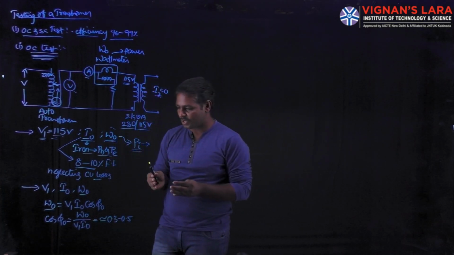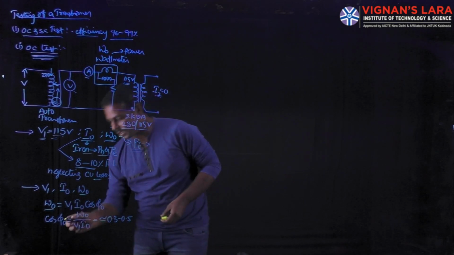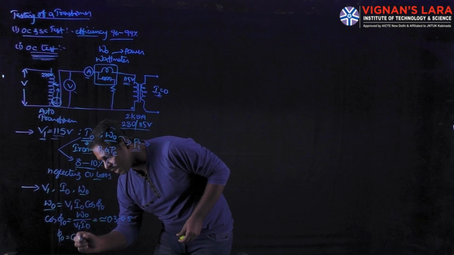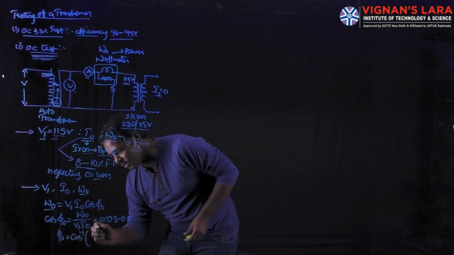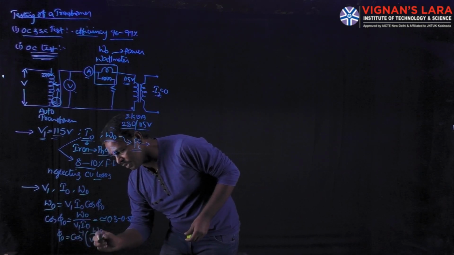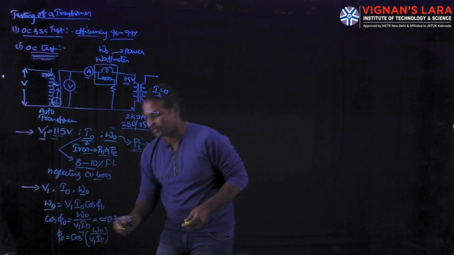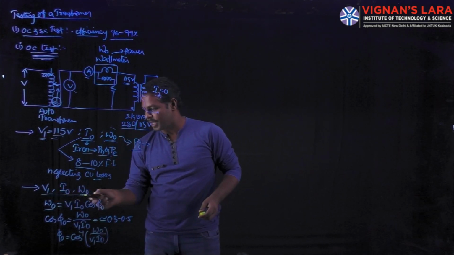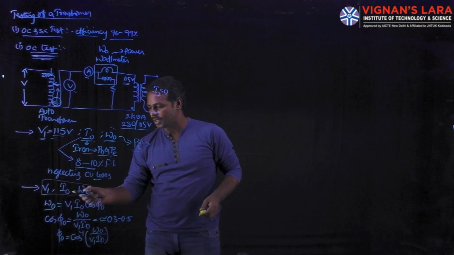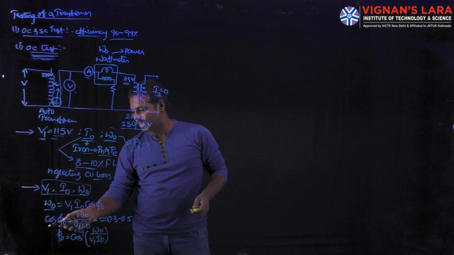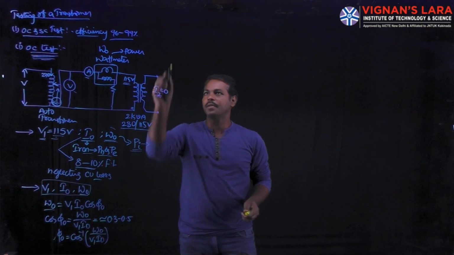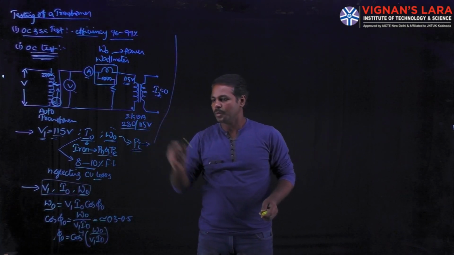So phi naught is equal to cos inverse of W naught divided by V1 into I naught. Based on these three values, we can easily calculate the power factor angle.